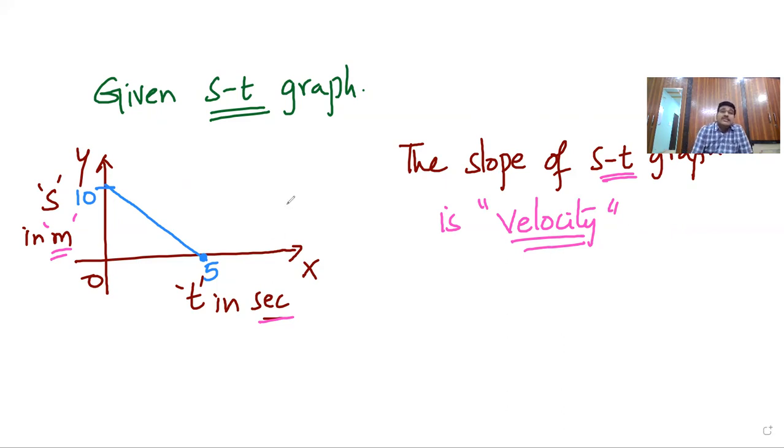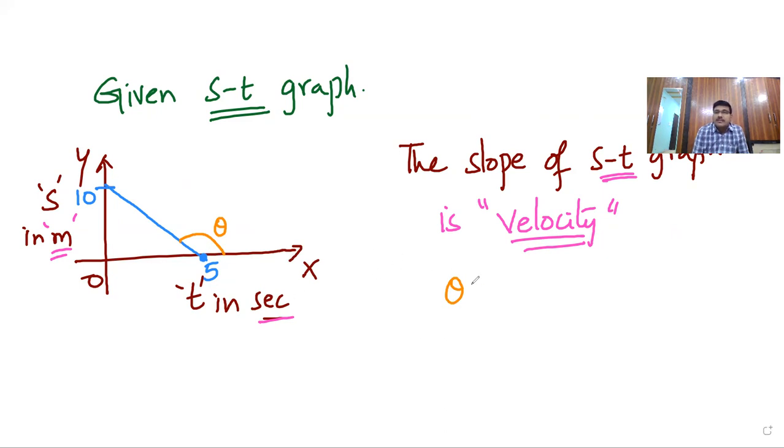Clear? Now let us analyze the slope. Observe, this line is making an angle theta with respect to the positive x-axis. We are always taking the positive x-axis. The falling line is making angle theta with respect to the positive x-axis, and this theta is more than 90 degrees.